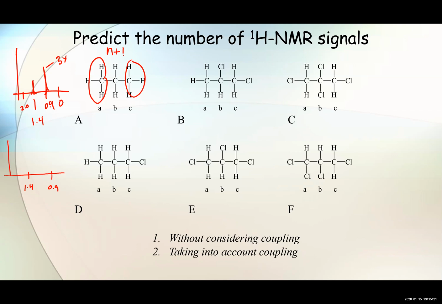Because this neighbor to this one, this guy has these 2 hydrogens neighboring, so it'll be split into 3 peaks. So that'll be a triplet at 0.9. Remember, triplet is the big one in the middle, twice the size of the little ones.